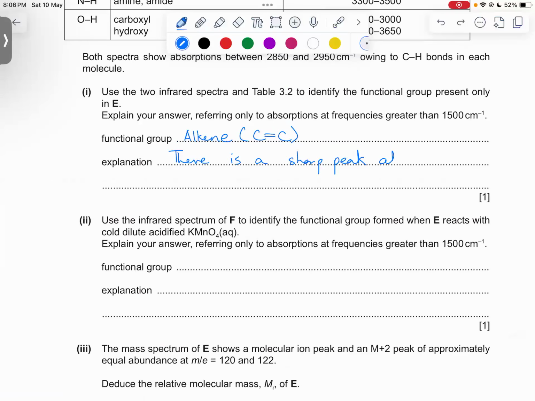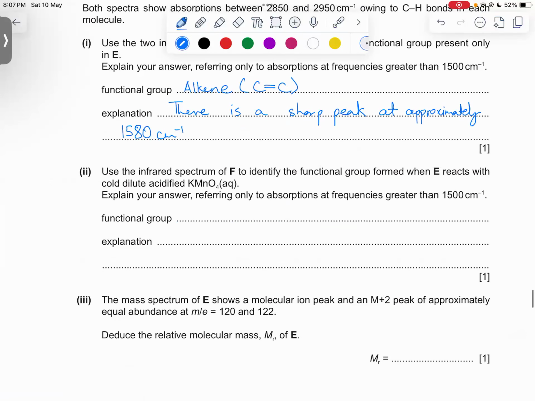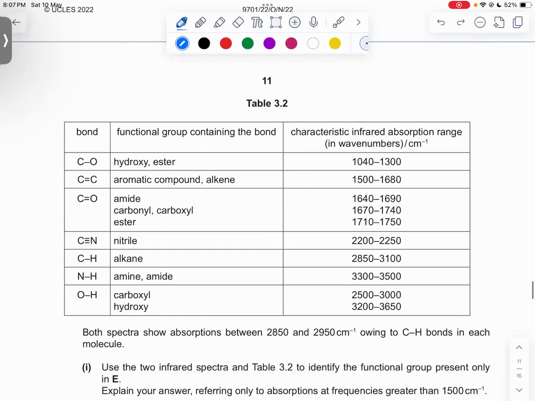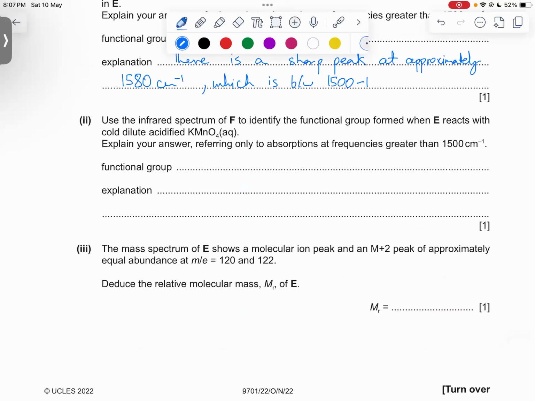There is a sharp peak at approximately 1580 centimeter inverse, which is between 1500 to 1680 centimeter inverse.